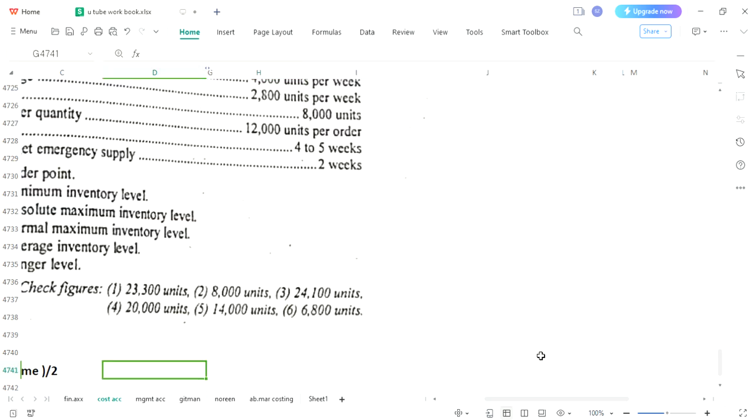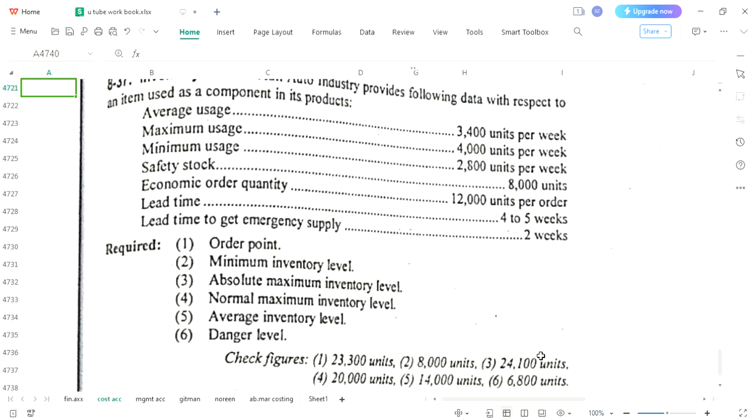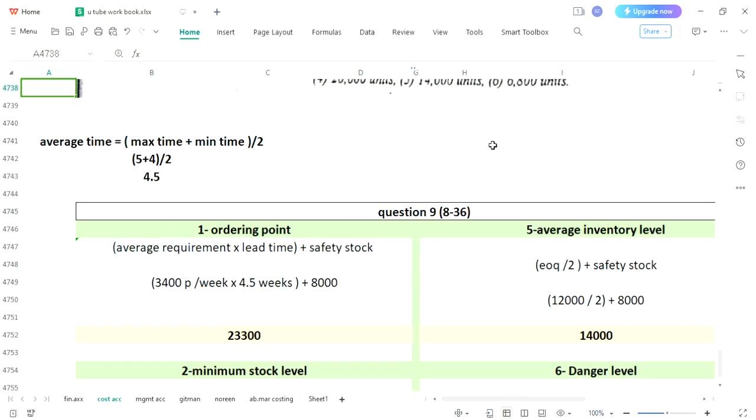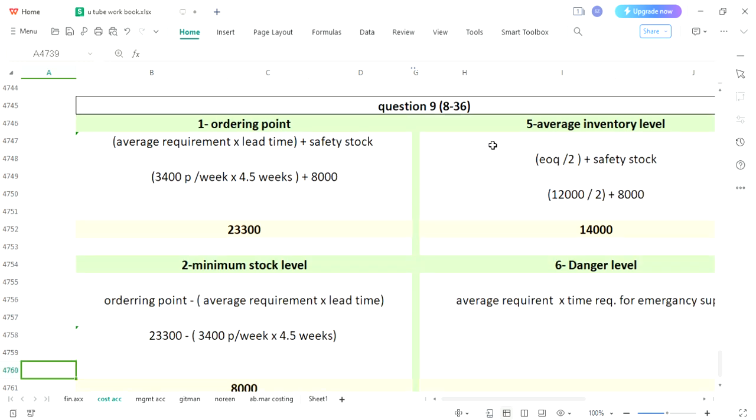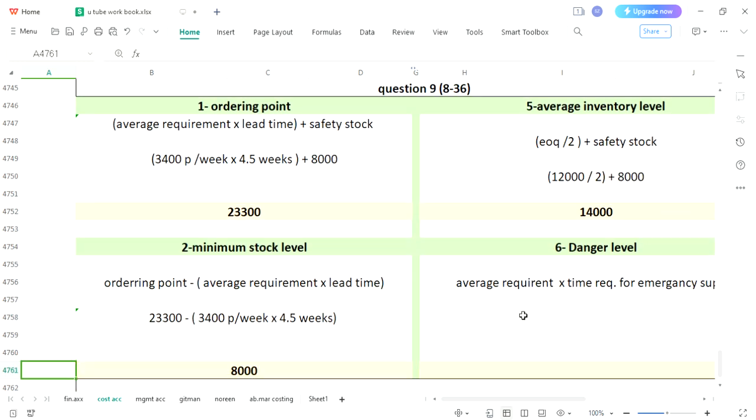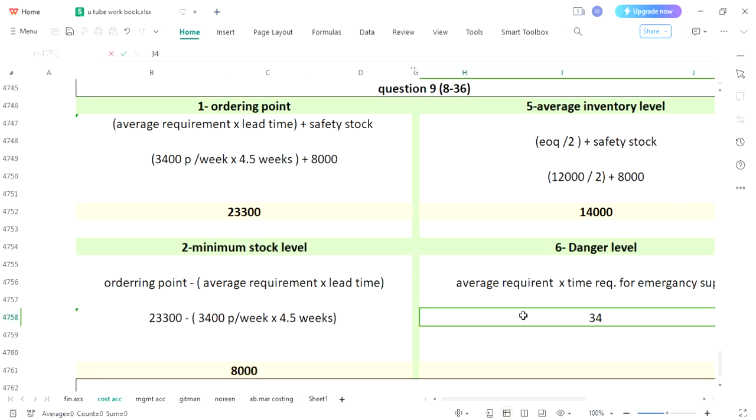We have our average requirement at start, average usage present over here, and that is 3400 units per week. For danger level, 3400 pieces per week, and then you need to multiply it with time for emergency supply.